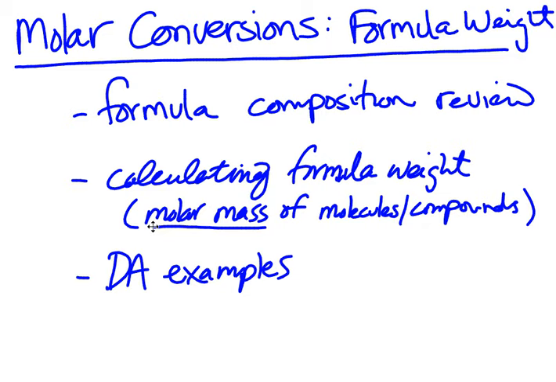So pretty much if there's more than one atom there, then we have a formula weight, because there's more than just one element. And then lastly we have some dimensional analysis examples of using formula weight in our class.